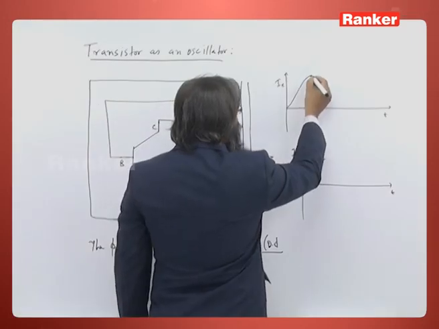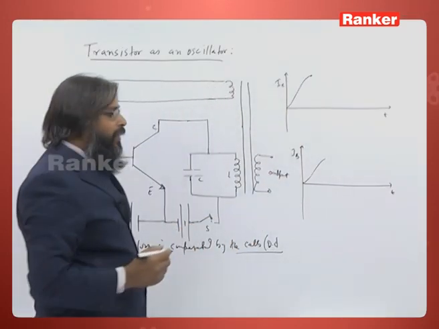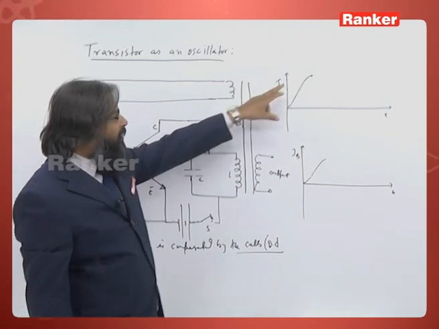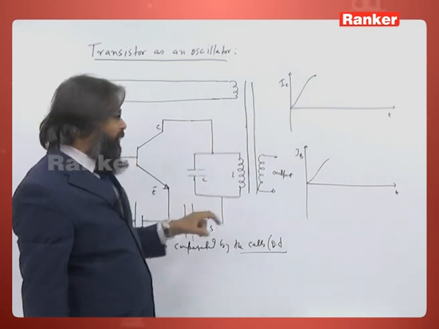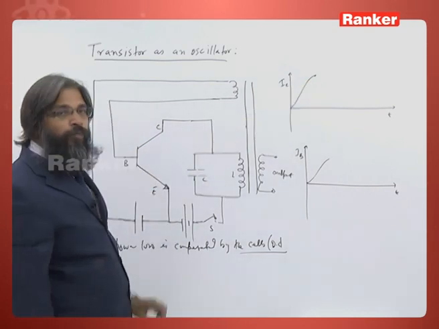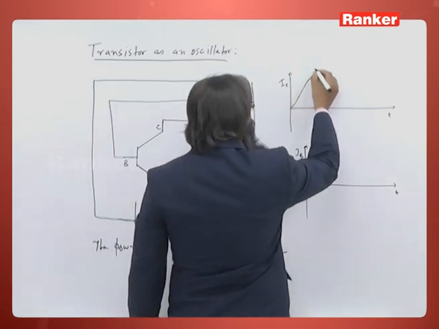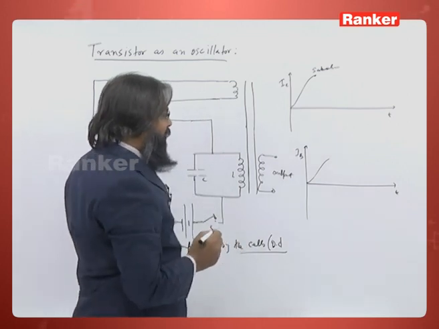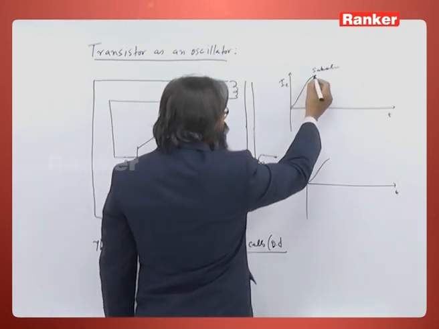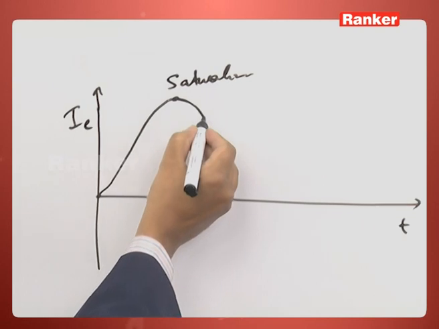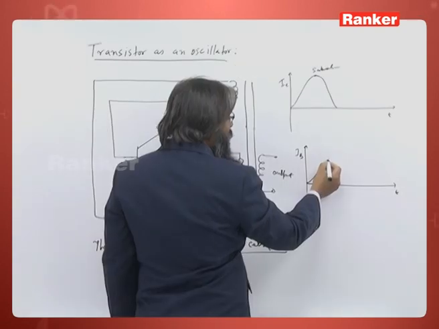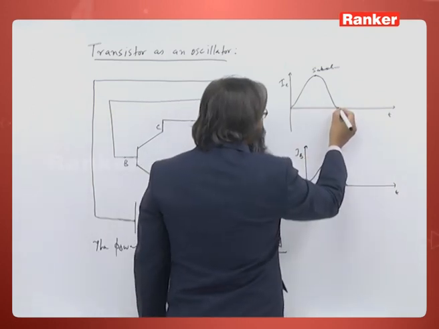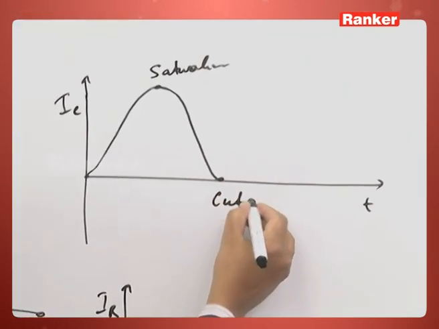What happens here? When the voltage increases so much, the system comes into saturation and both these junctions get forward biased. So, saturation is there, and then the current begins to decay, and so does the current IB. Next, the moment it comes here, it gets into cutoff mode.